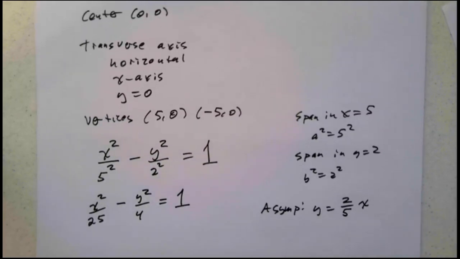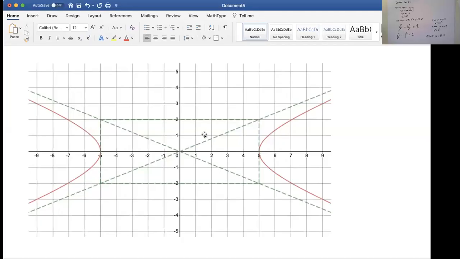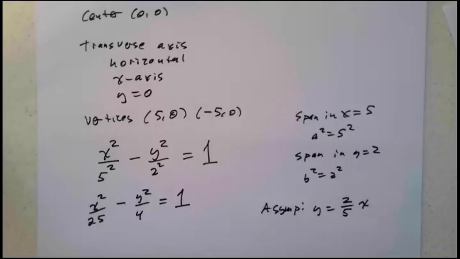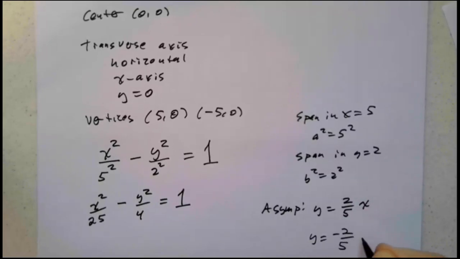And then of course, the other one is just the negative of that. Down 2 over 5, right? Slope is -2/5, y-intercept is 0. So the other asymptote is y equals -2/5 x.